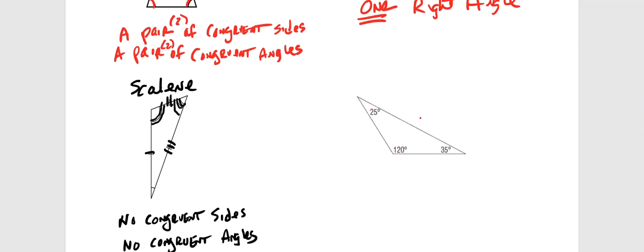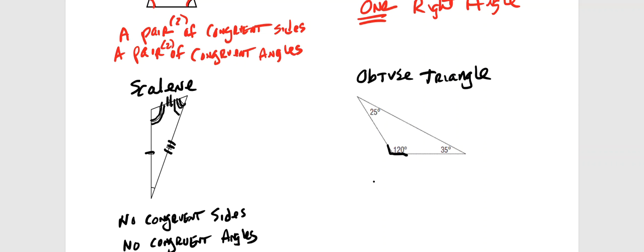So, speaking of which, when we move on to talking about the last type of triangle based on its angles, you notice here we have an obtuse angle. That angle is greater than 90 degrees, but less than 180. So this is called an obtuse triangle.